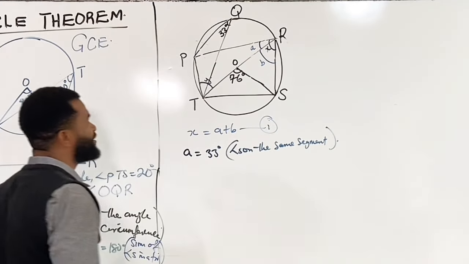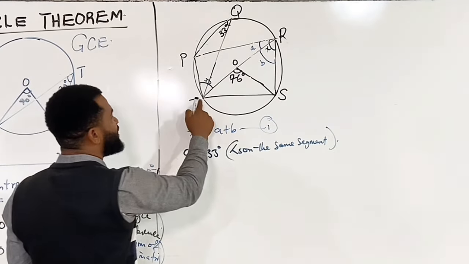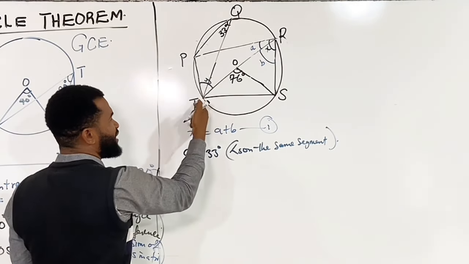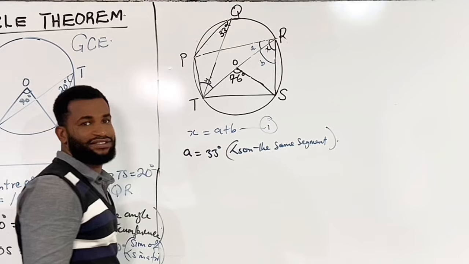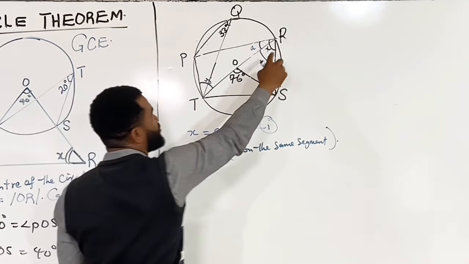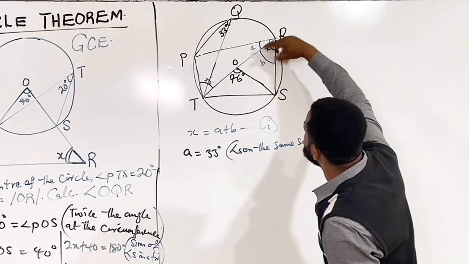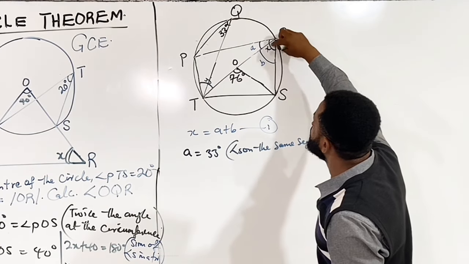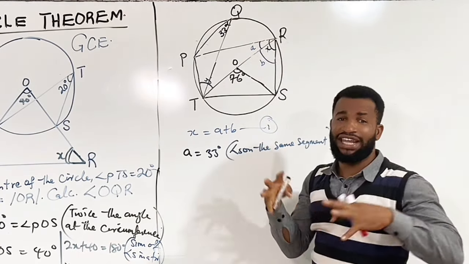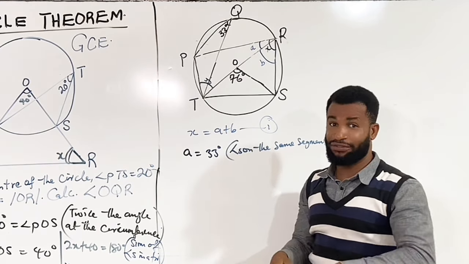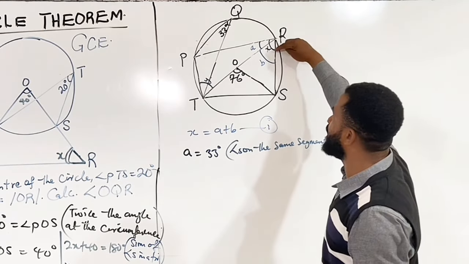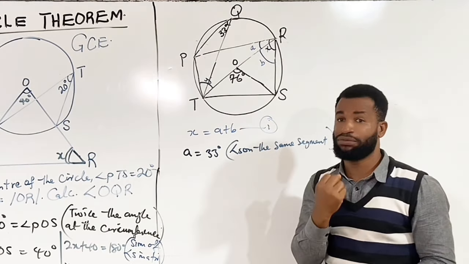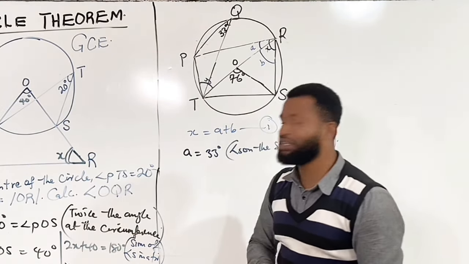All right, but then look at this. TOS. O has two legs. One leg entered at T, the other leg entered at S. But R, the other part of R, which is B, one leg entered at T, the other leg entered at S. Since R and O are putting their legs on the two points on the circumference, but R is on the circumference while this one is at the center, I'm going to invoke this law: twice the angle at the circumference.